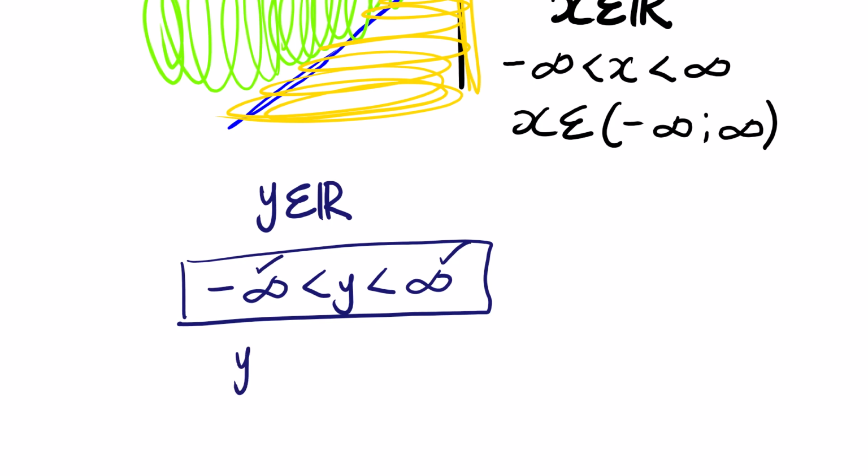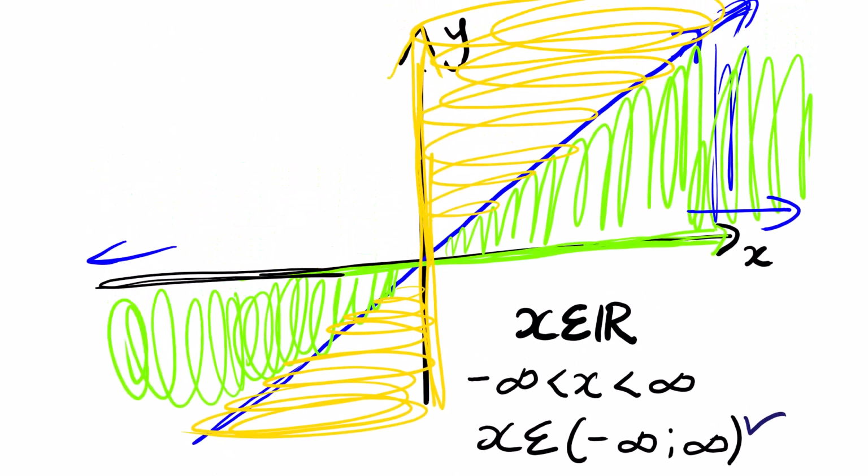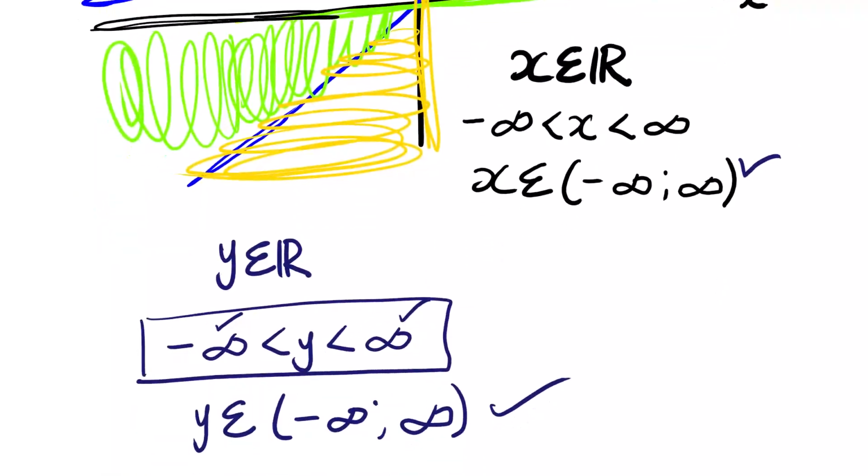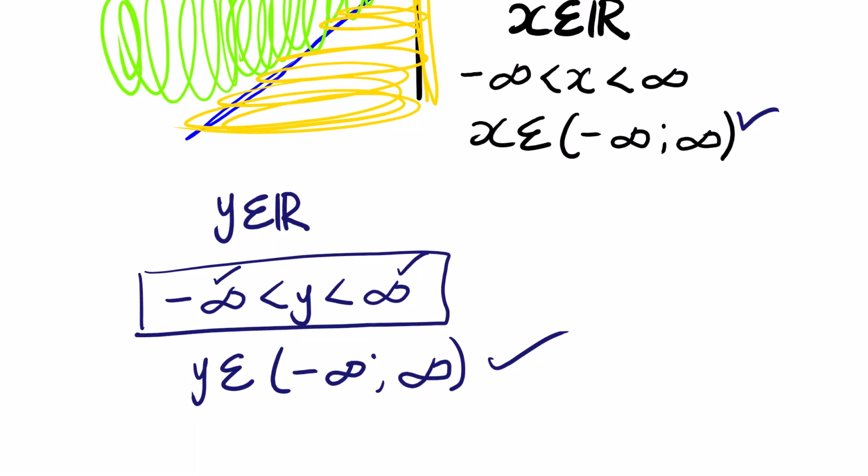Or we can use the brackets. So this is the domain and the range for this graph. Let us go to the next example.